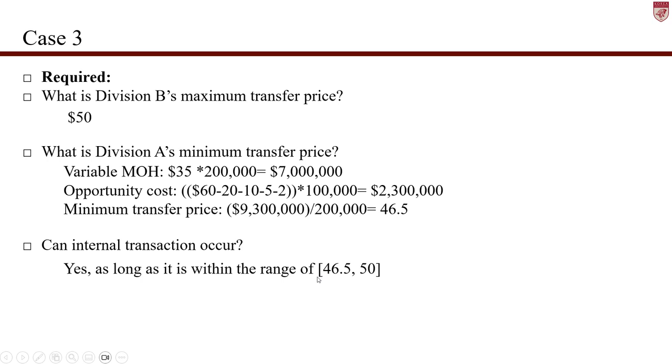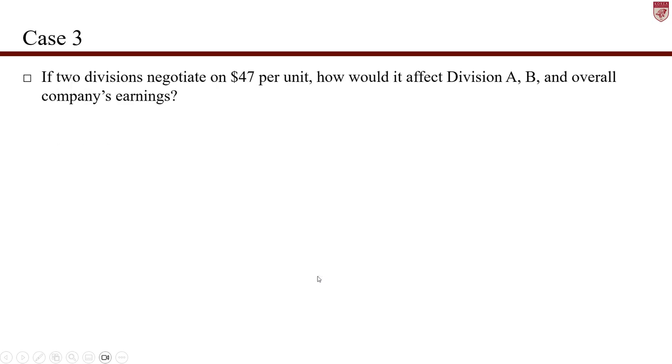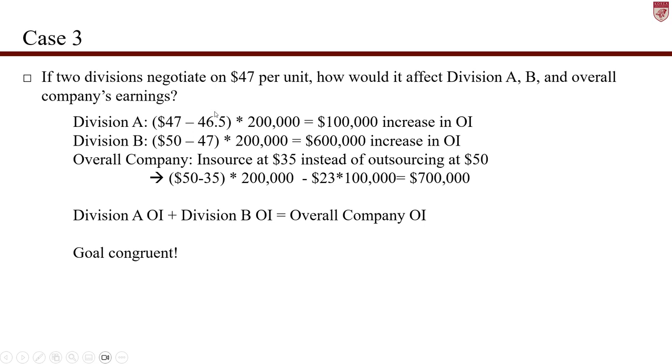Now let us look at the same situation. If the divisions negotiate on $47, how would it affect Division A, B, and overall company's earnings? First off, from Division A, now they are earning 47, and the cost is going to be the incremental cost plus the opportunity cost, 46.5, right?